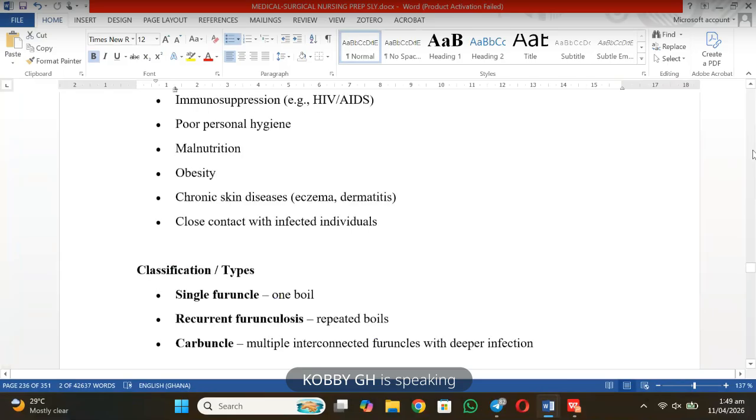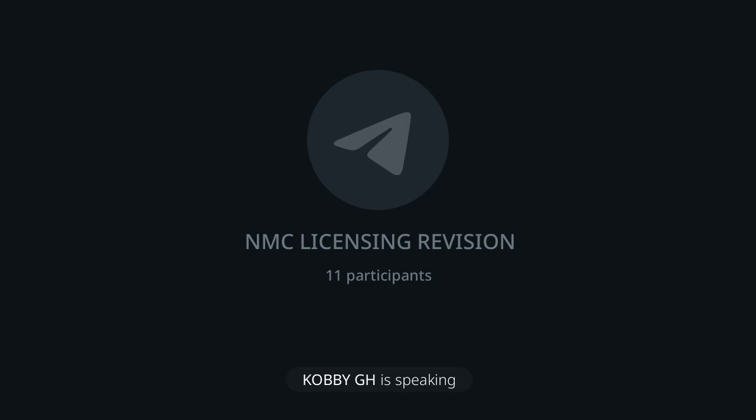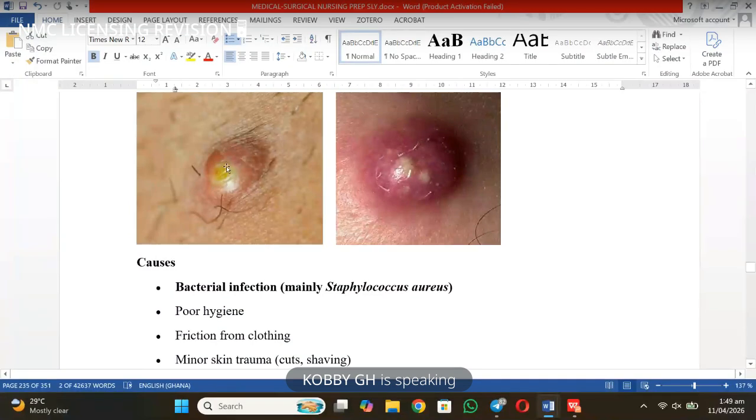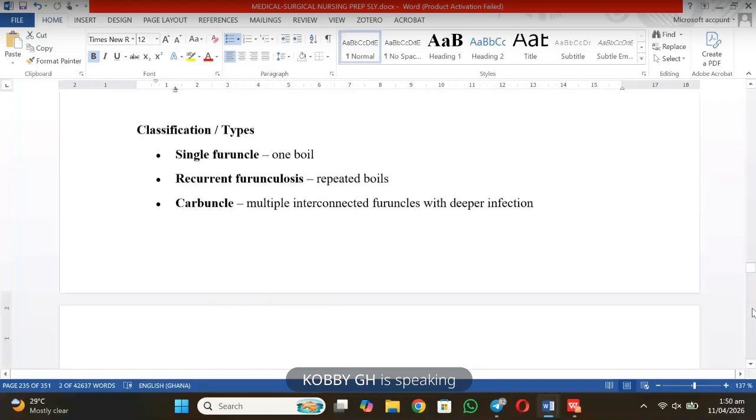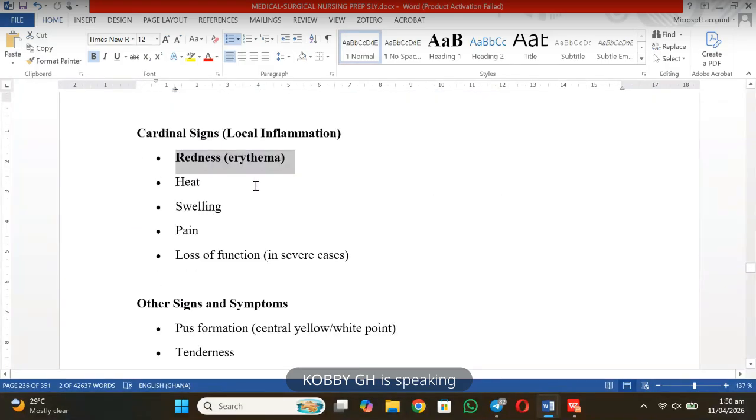You see the area over here has become reddish. Apart from the central region that will usually appear either yellowish or whitish, you would notice that the peripheral areas of the furuncle are reddish. The area may also appear swollen. Is that okay? So the cardinal sign of this condition is redness or erythema.